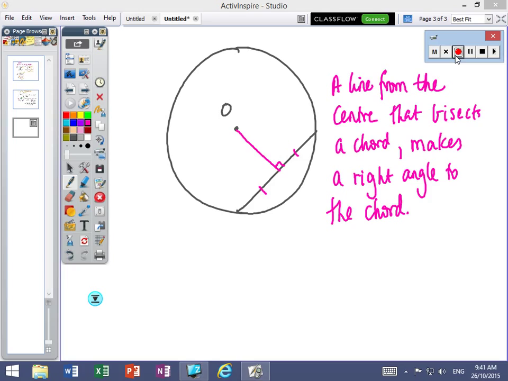Or the last one is, if a line at a right angle bisects the chord, it must go through the centre. So there's a few other theories you can read backwards and forwards. So those sort of questions might be in that form, but basically they're the two theories you have to worry about, and as far as I know, I think that's all we have to worry about.